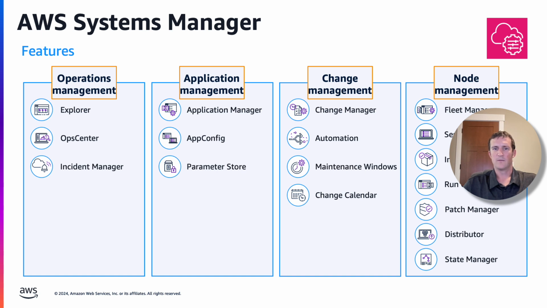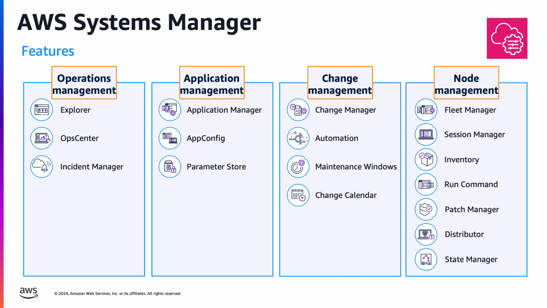Third, you're able to improve visibility and control, which helps you easily understand and control the current state of your resource groups. Fourth, you're able to manage multi-cloud and hybrid environments. You can manage servers running on AWS, other clouds, and in your on-premise data centers through a single interface. And fifth, you're able to maintain security and compliance. AWS Systems Manager helps maintain security and compliance by scanning your instances against your patch configuration and custom policies.